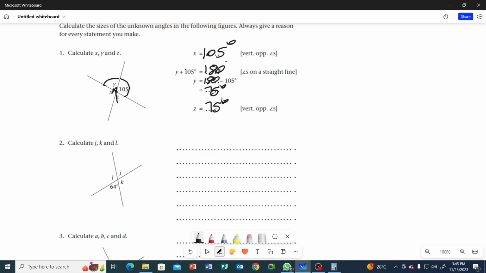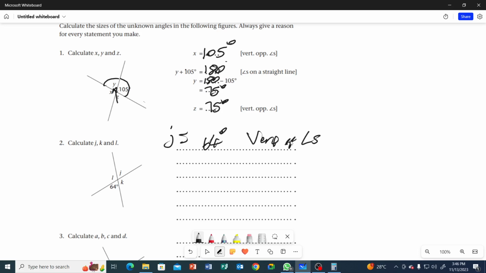Okay, now if we calculate J, K, and L, you will see J is equal to 64 degrees. Reason: vertically opposite angles. J is opposite 64.